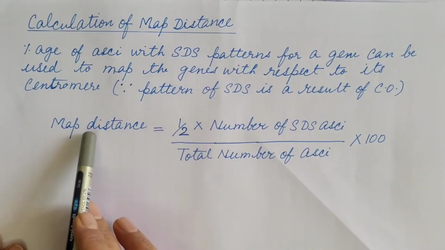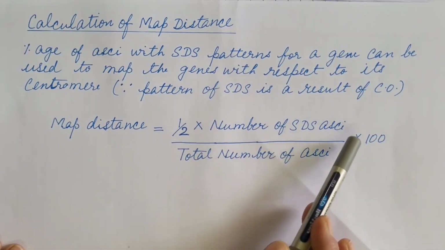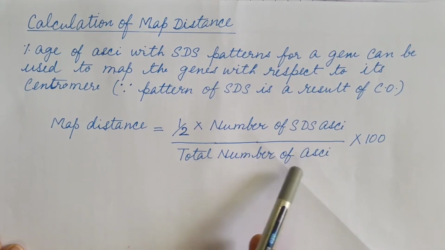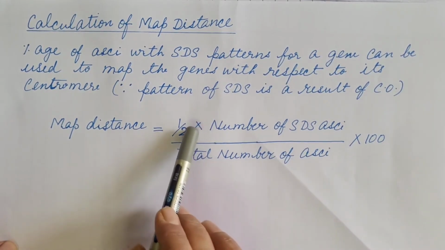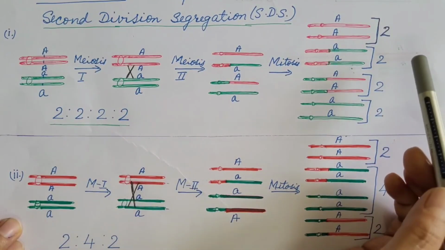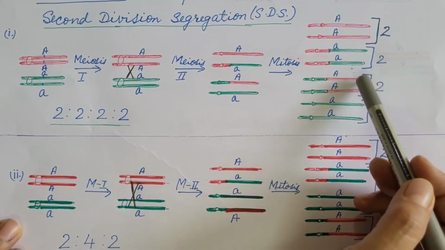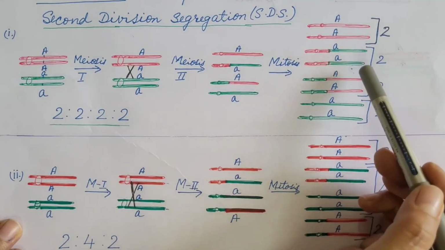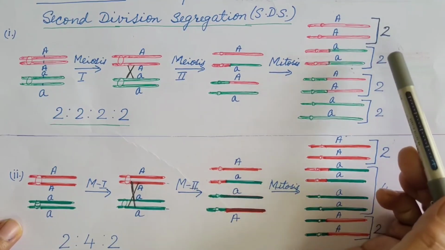So the map distance is calculated as half into number of SDS asci by total number of asci into 100. We have taken half because in the SDS asci, among the total spores, only half of the spores are the result of crossing over, or only half of the spores are of crossover type.